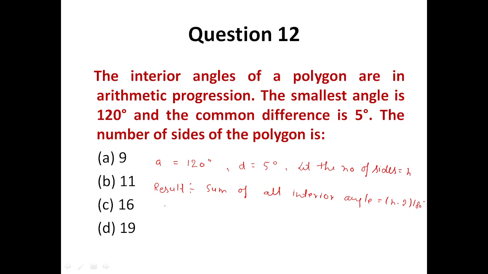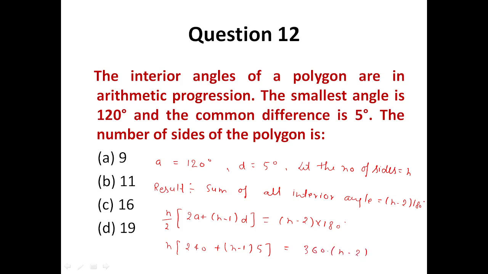Now as we know in an AP the sum of n terms is equal to n by 2, 2A plus n minus 1 into D. Now this is equal to n minus 2 into 180 degree. Now put the value of A and D. So we will get n by 2 into 240 plus n minus 1 into 5, which is equal to 180 into n minus 2.